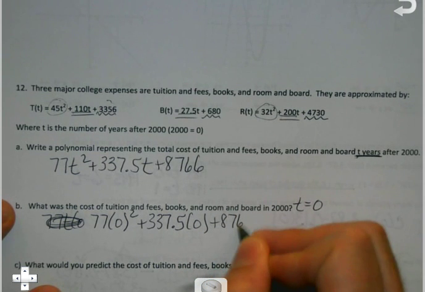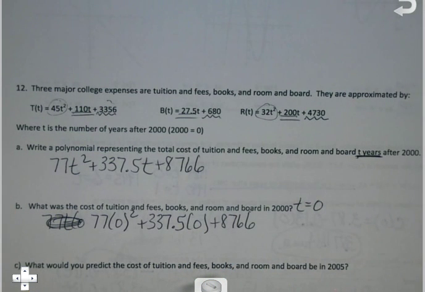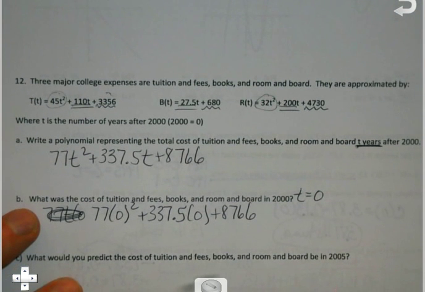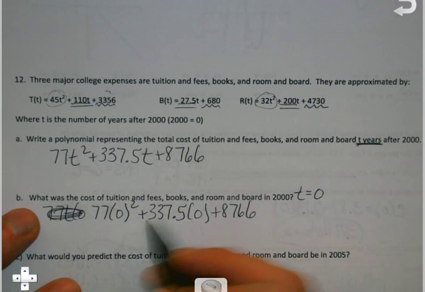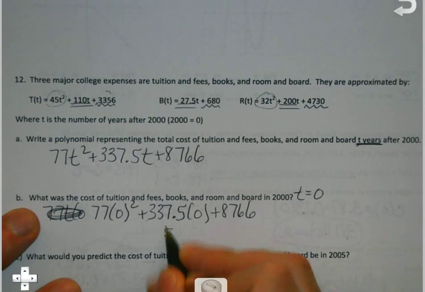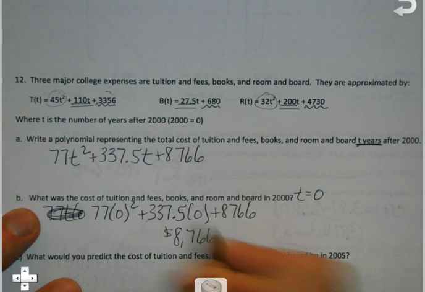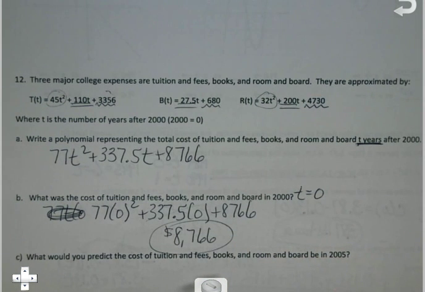So everywhere there's a t, I'm plugging in a 0, which again we have found to be a good thing because those are easy to deal with. This ends up 0. This ends up 0. So I find out it's going to be about $8,766. Now we can tell that was a while ago because I don't even think I could get tuition for that at this point. At least not at a 4-year school.